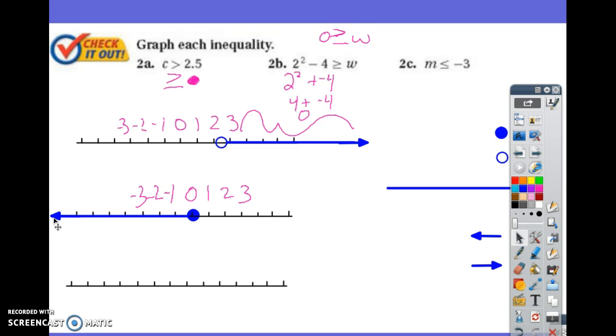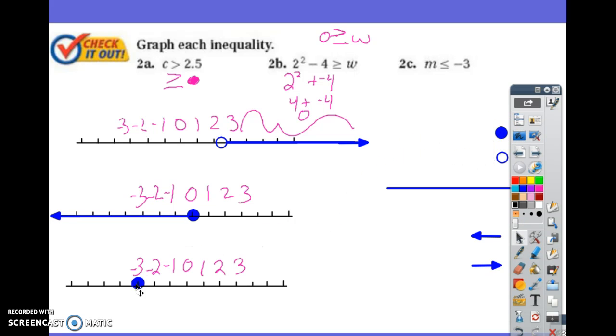Okay, one more example. We have M is less than or equal to -3. So this is ready for us. We are going to go 0, 1, 2, 3, -1, -2, -3. And here it is a less than or equal to, so again, it's closed.